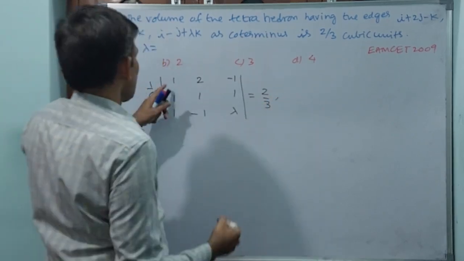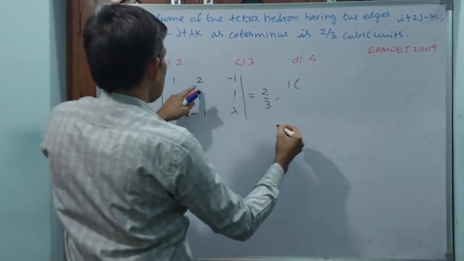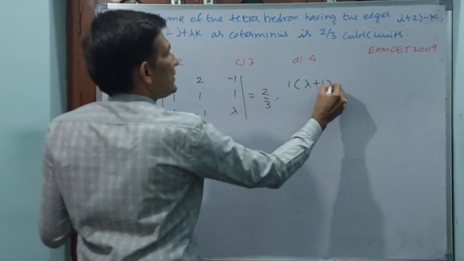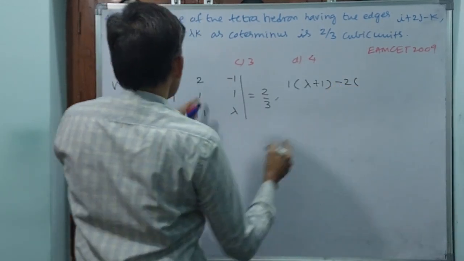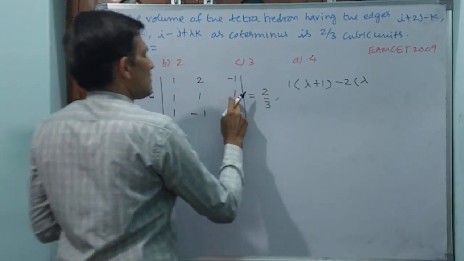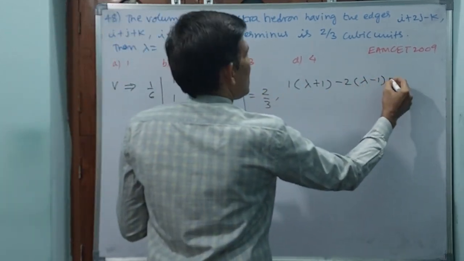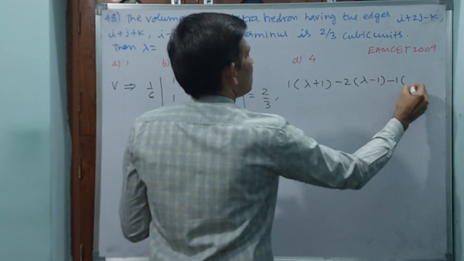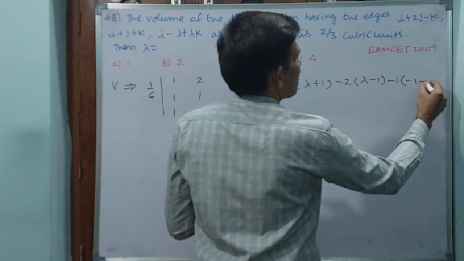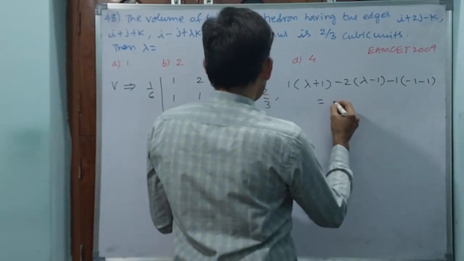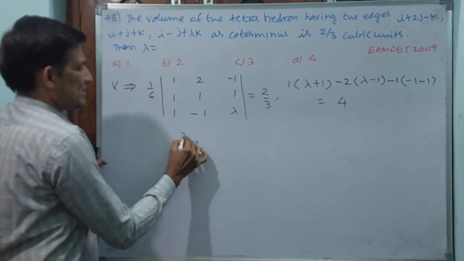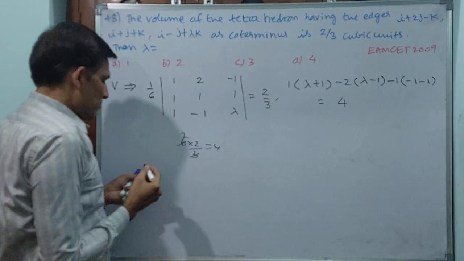Let us see. 1 into lambda plus 1, minus 2 into lambda minus 1, minus 1 into minus 1 minus 1, should be equal to 4. How 4 has come? 6 into 2 by 3.